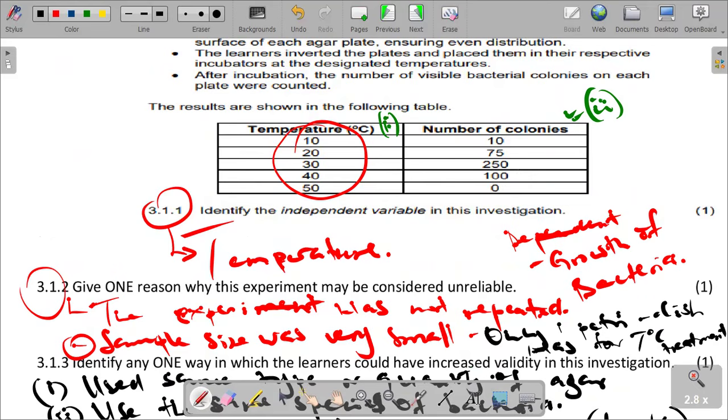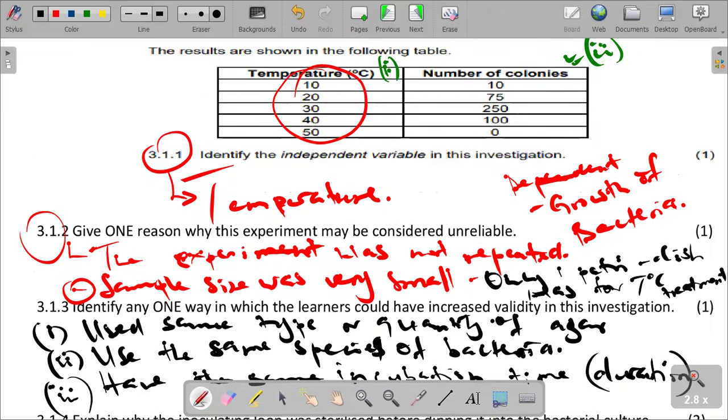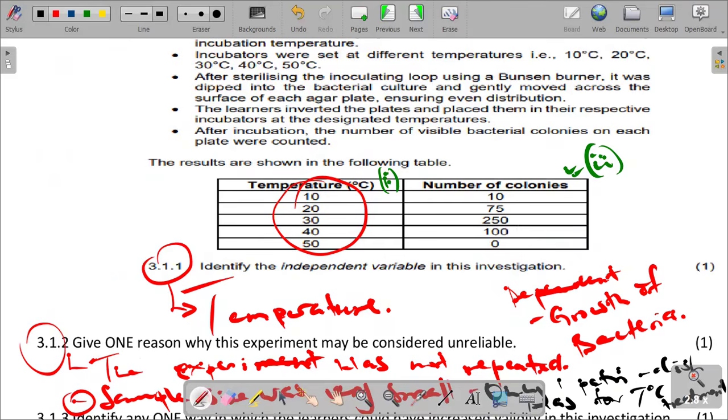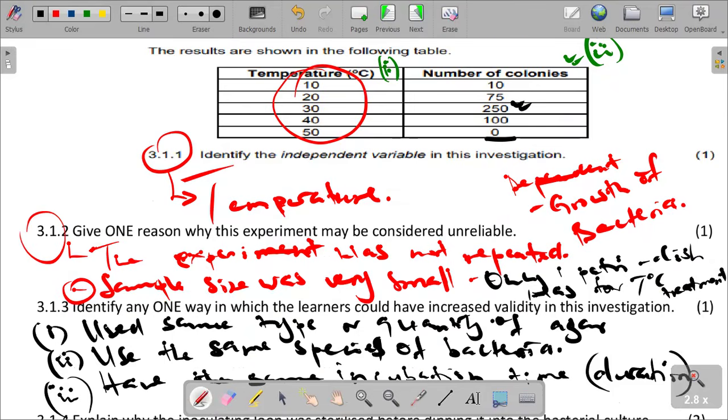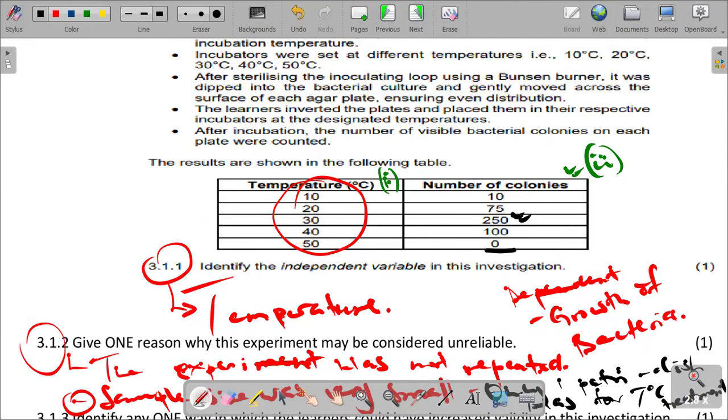At 10, we have 10. We need to look at the number variation, the smallest versus the biggest, so that we can choose a suitable scale. A proper scale must be selected. We have 0, 10, 75, 250, 100.